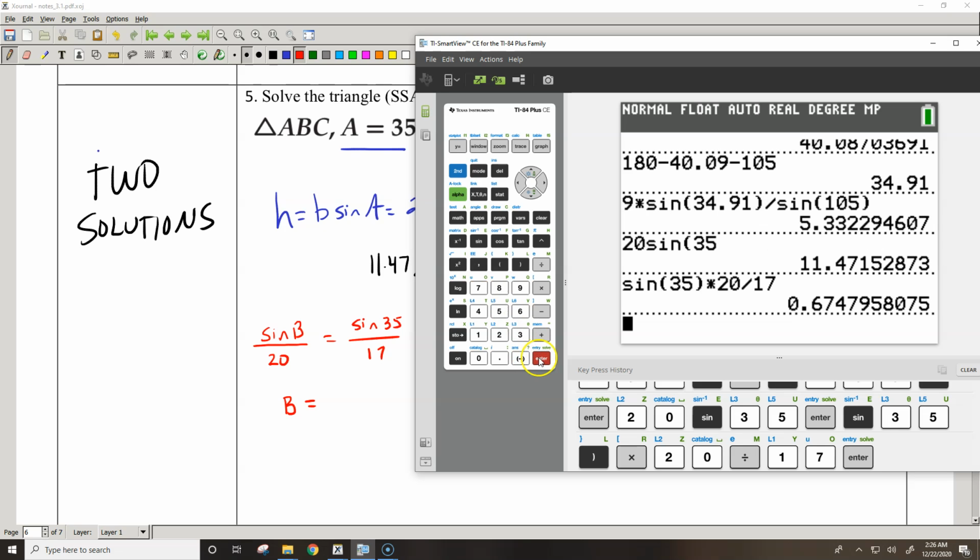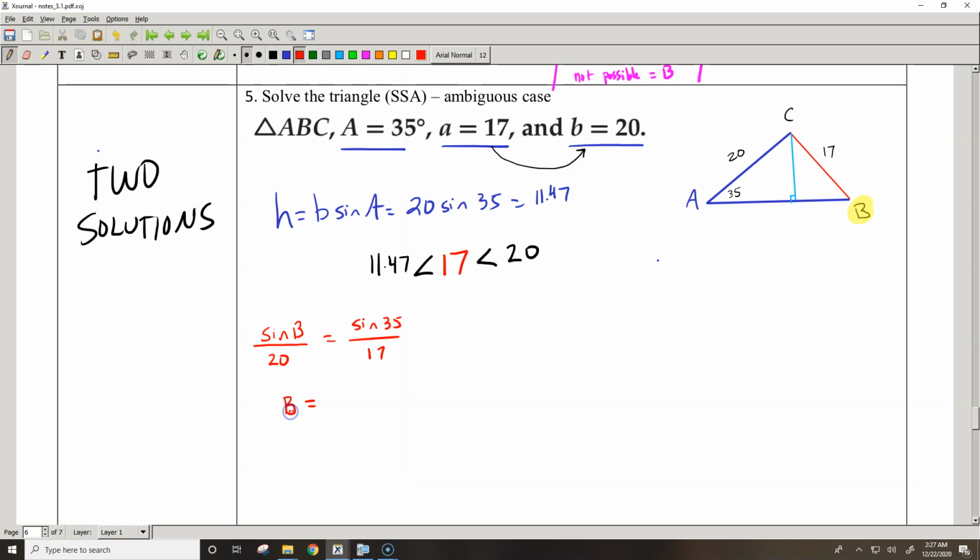And we would get 0.6747, etc. And actually, you know what, I'm going to write that in our notes. So 0.6747 about, and I'm going to say this is the sine of B equals 0.6747.